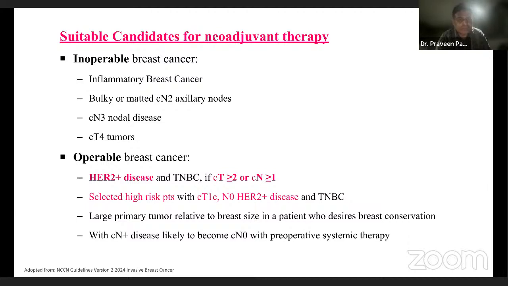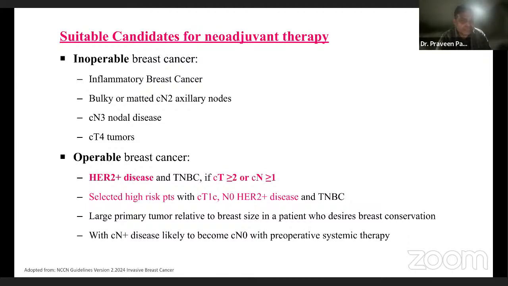Or operable breast cancer, but where we want to check which patients will get the pCR and which will not, so that we can change our treatment based on that information. For HER2 positive disease, if the tumor is more than 2 centimeters or node positive, they should get neoadjuvant chemotherapy.